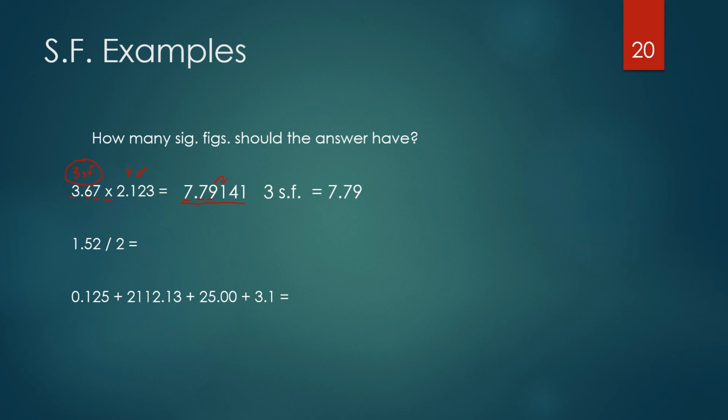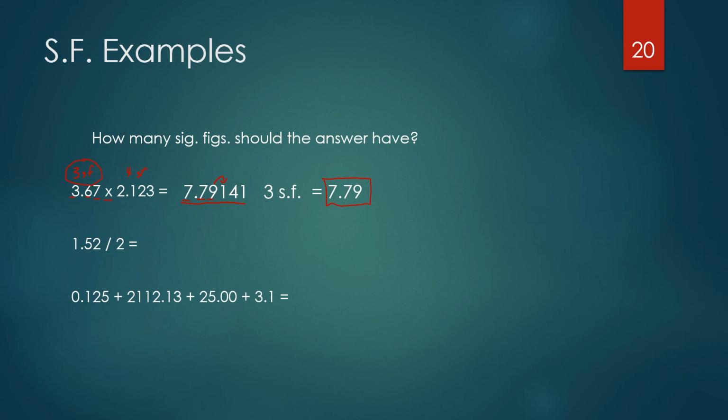The number next to it is a 1. Since it's a 1, I'm going to leave this as a 9. So my answer is going to be 7.79. If that 1, for instance, was a 5 instead, then I would have to round up. 5 or higher you round up, 4 or less you keep the same.